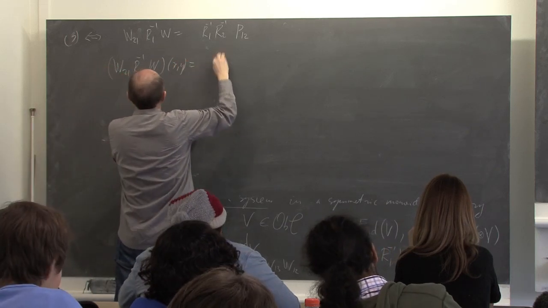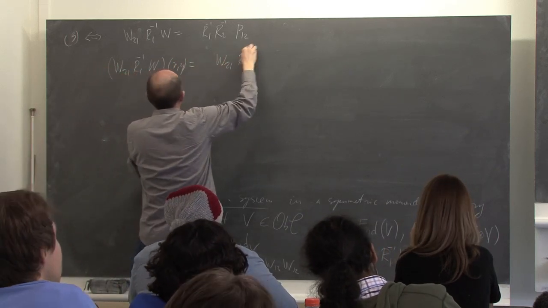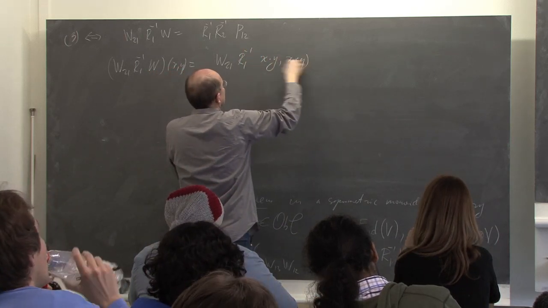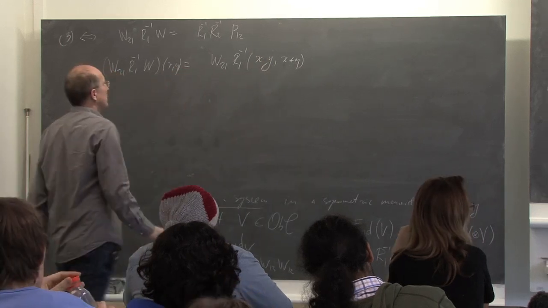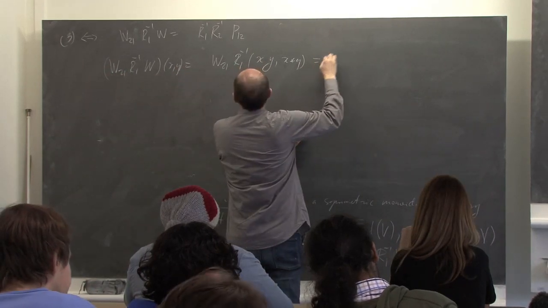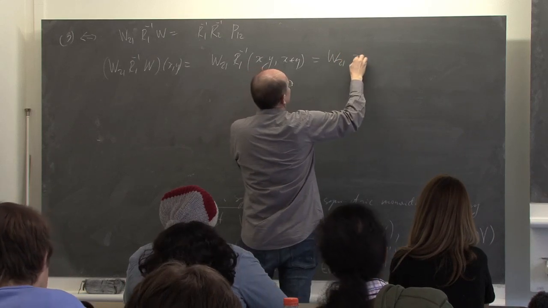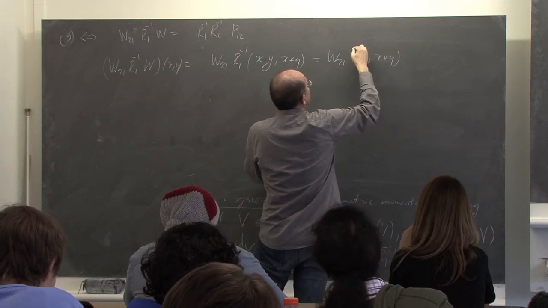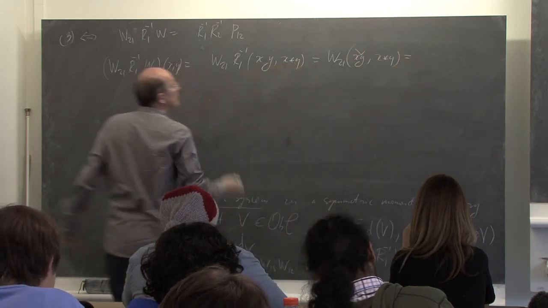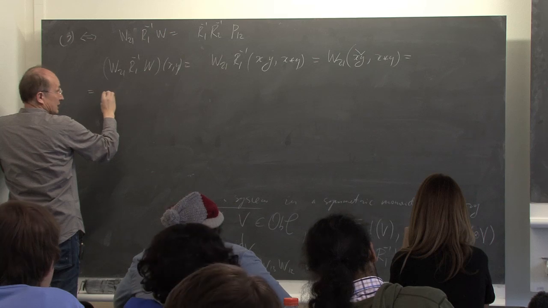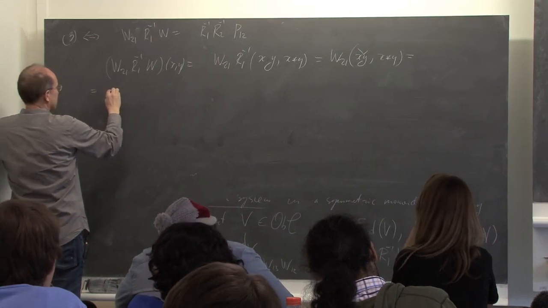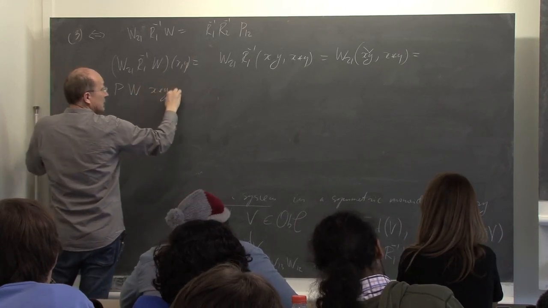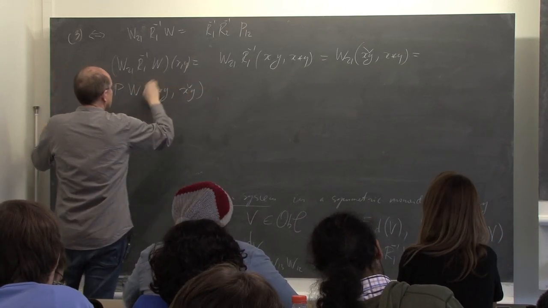So we have W2,1 R1 inverse of x·y, x*y. I don't write the dot anymore. W2,1 of xy check, x*y. So W2,1 is a conjugation by P. So P W of x*y, xy check.